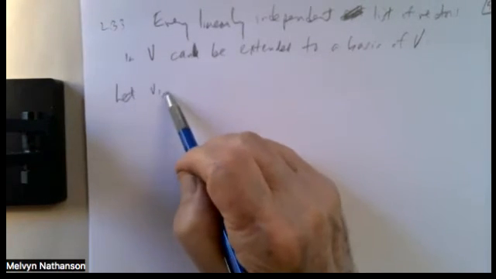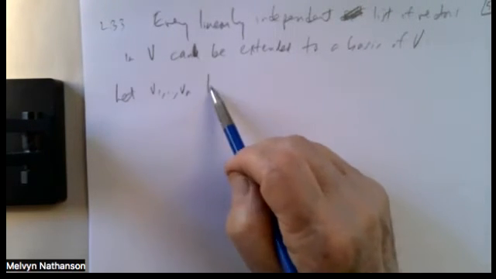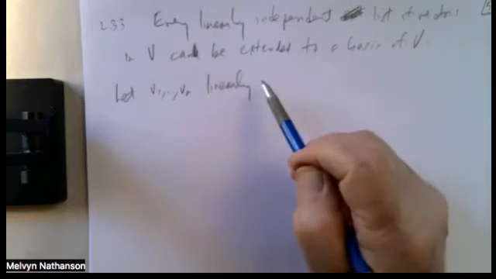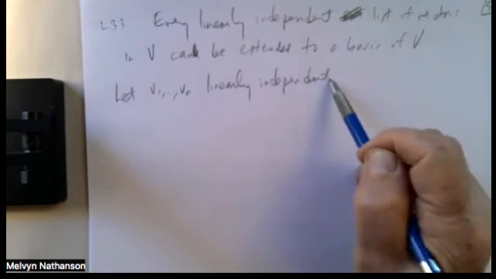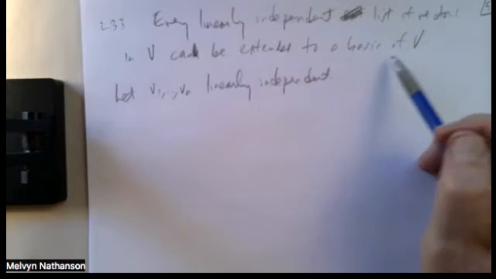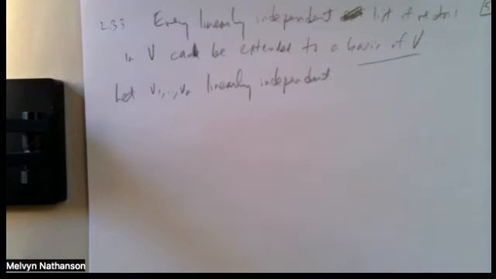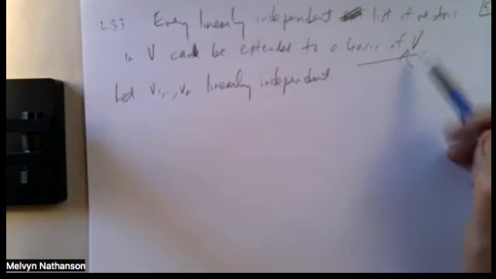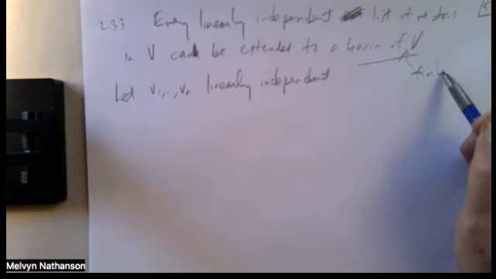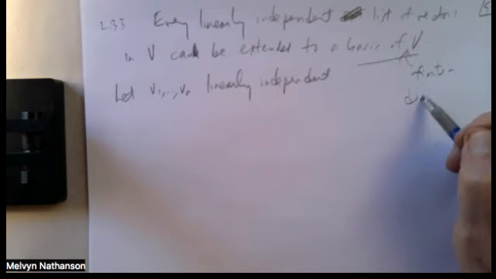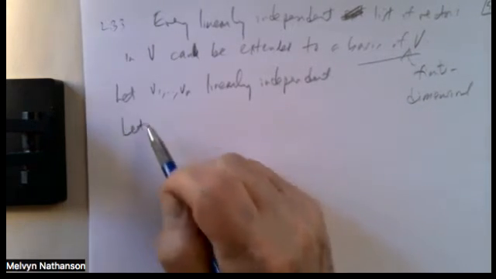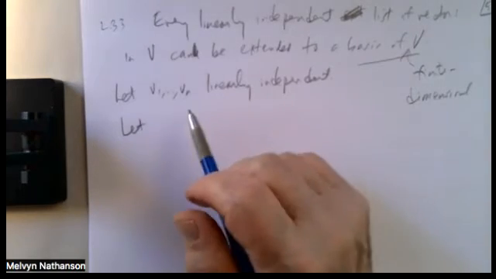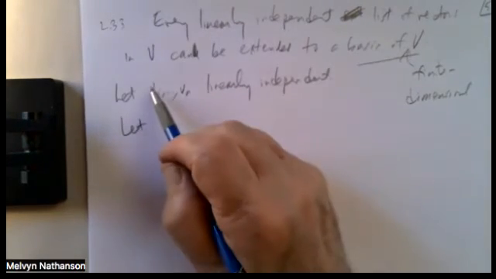So suppose u1 up to um are linearly independent in this finite dimensional vector space. Let me just follow the notation.